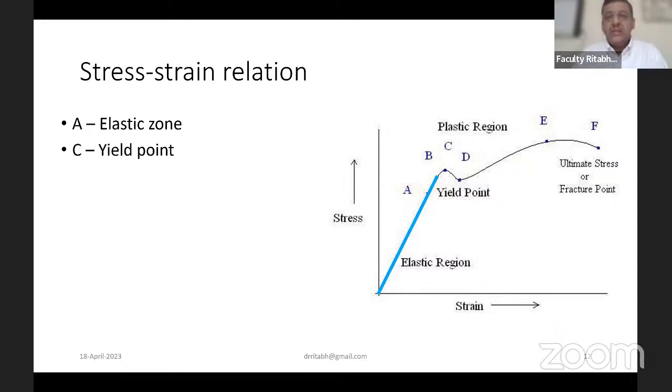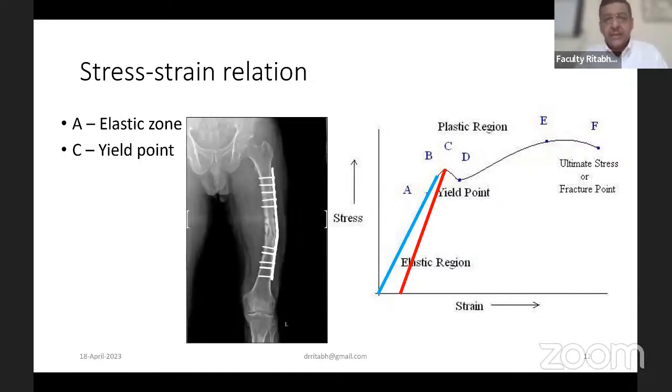C is known as the yield point. Beyond C, when the load is removed, the structure or material does not come back to its original length. A certain amount of deformation is inevitable. So this is known as the limit beyond which the implant is now working in its plastic region. As an example here, the femur was plated and within 2 weeks, the deformation began.